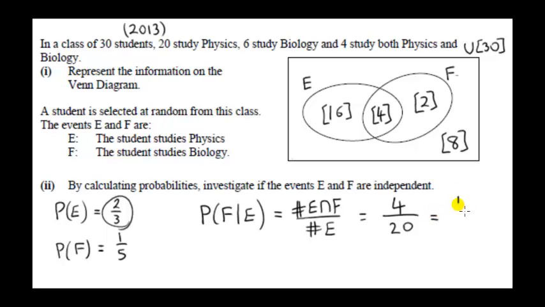This is 1/5. But this is just the same as the probability of F occurring without any conditioning. So whether or not event E has occurred makes no difference to the probability. The probability is still going to be 1/5. So we could have done the problem this way.